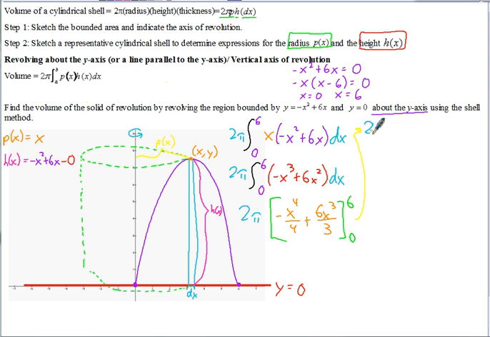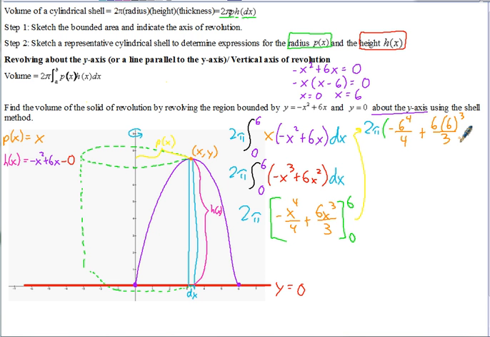2 pi, and then we've got negative 6 to the 4th over 4 plus 6 times 6 cubed over 3.